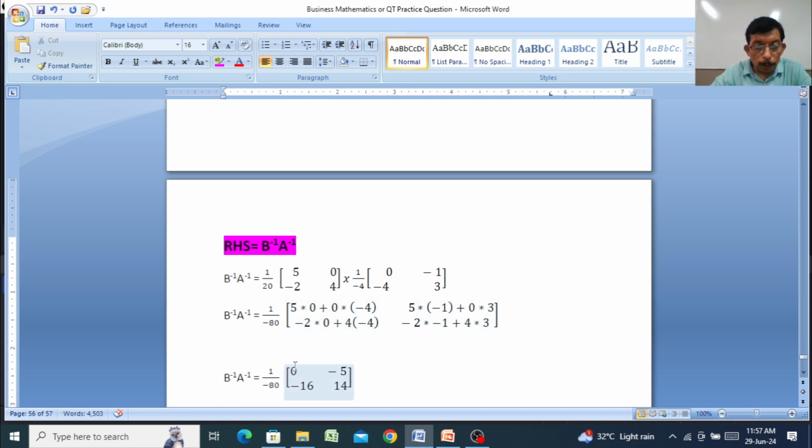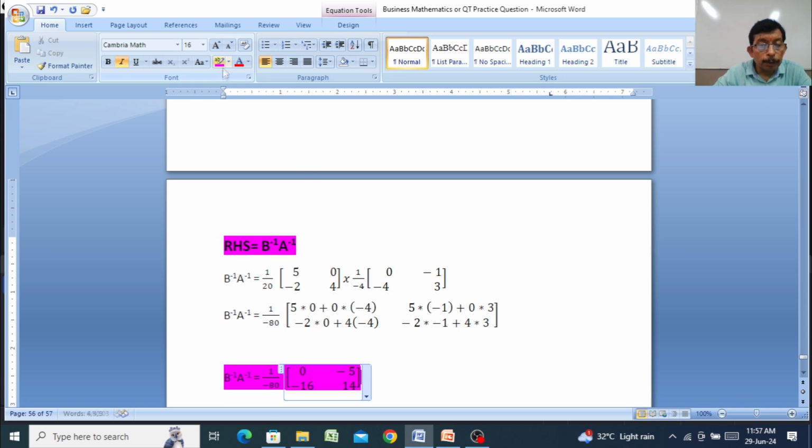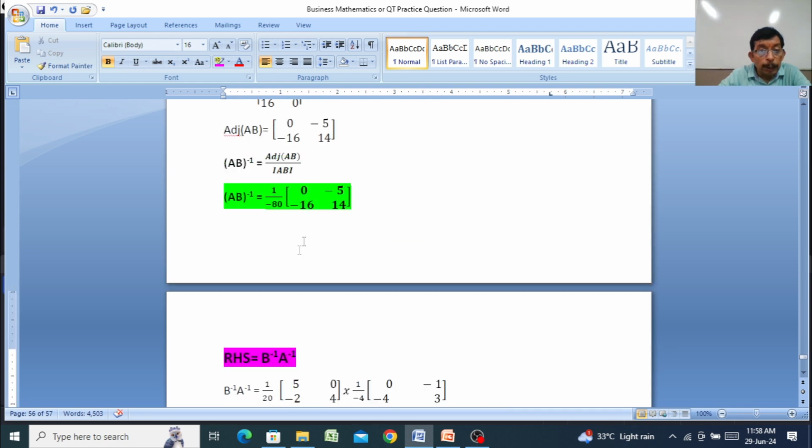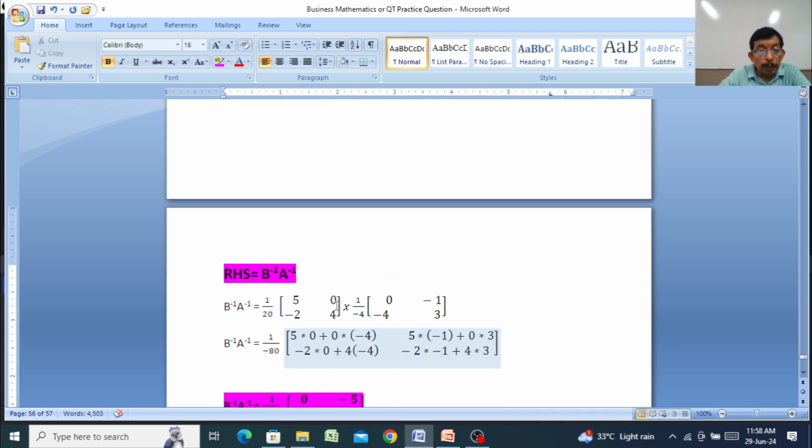Now compare whether both the values are equal or not. This is the right hand side. Now we check whether the right hand side and the left hand side are equal. The left hand side is 1 upon minus 80 times 0 minus 5, minus 16, 14.